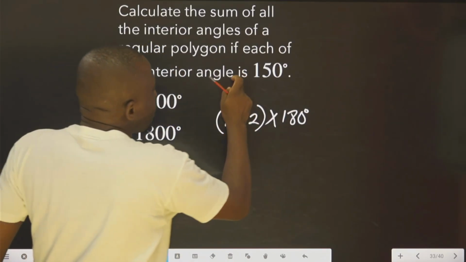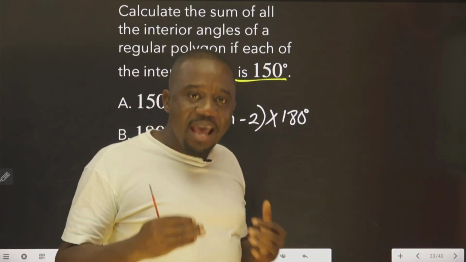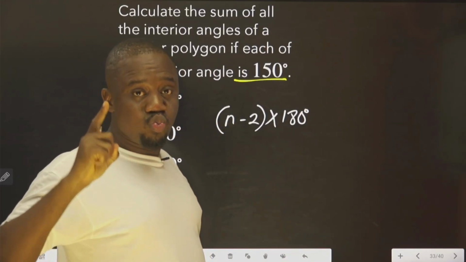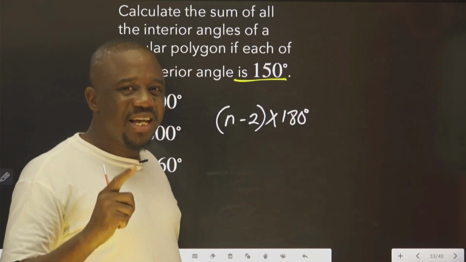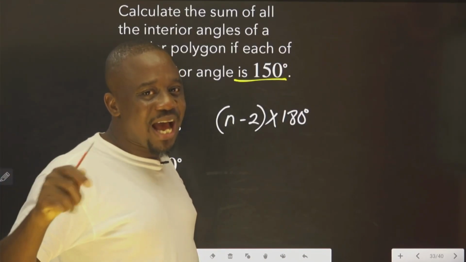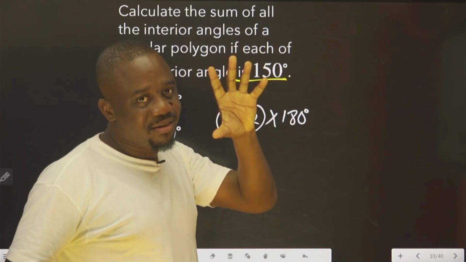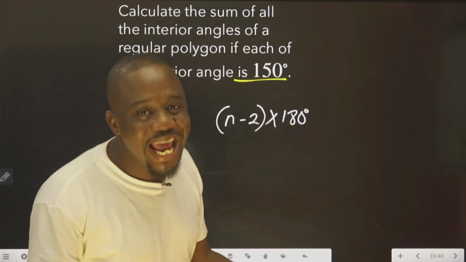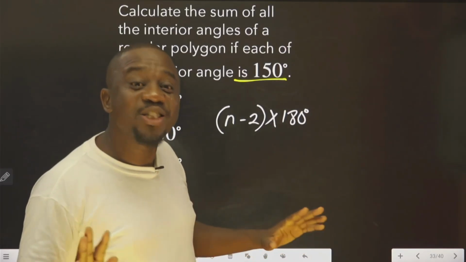Another piece of information that was given to us here, or the main information, is that each of the angles is 150. It means if we have n sides, n number of sides, assume it's 5 sides, or 5 angles, say 5 multiplied by 150. But we don't know n. n is not 5, right?